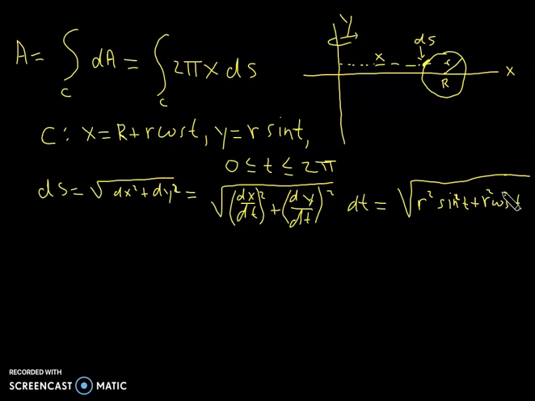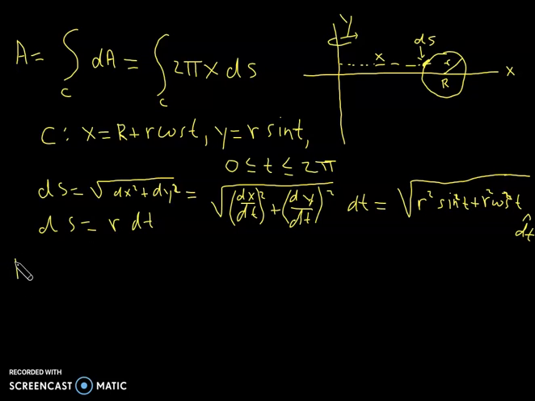And we have our dt on the outside here too. I forgot about it, so put that in here, dt. If you look under the radical, you can factor out the r squared, and you get r squared times sine squared t plus cosine squared t, but sine squared t plus cosine squared t is 1, so for our ds, we get the square root of r squared times dt, which is r dt. So ds is just equal to r times dt.